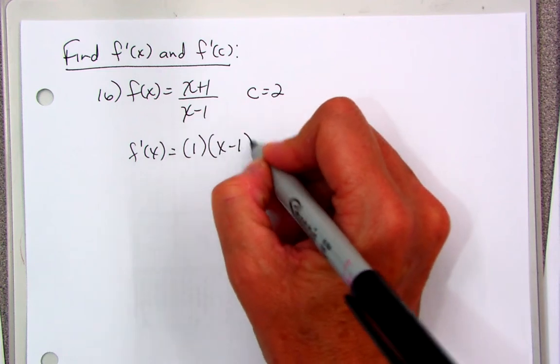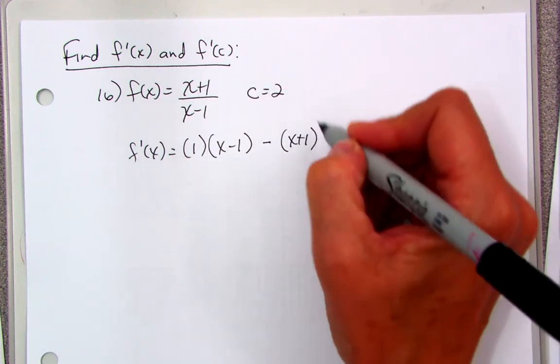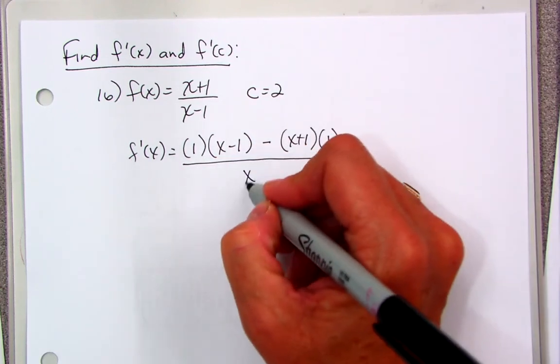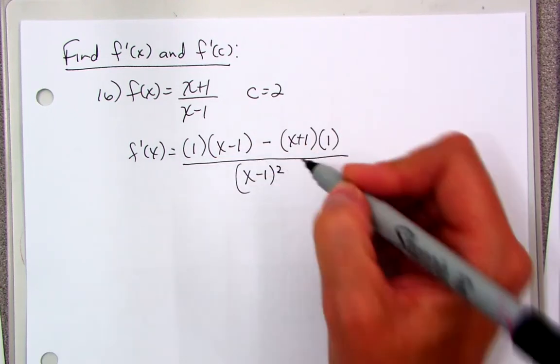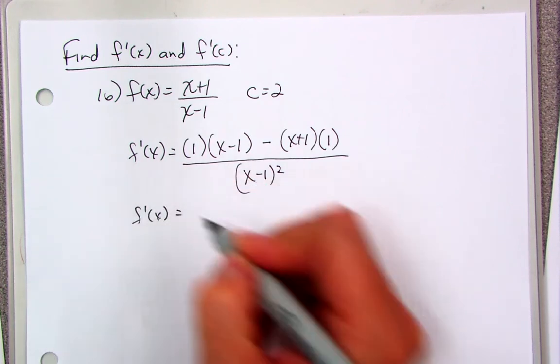Copy the denominator. Minus, copy the numerator. Take the derivative of the denominator all over the denominator squared. I'm going to go ahead and clean that up just a little bit.